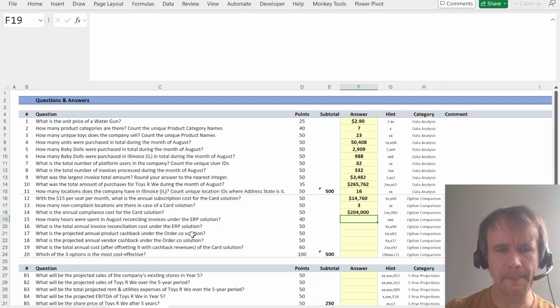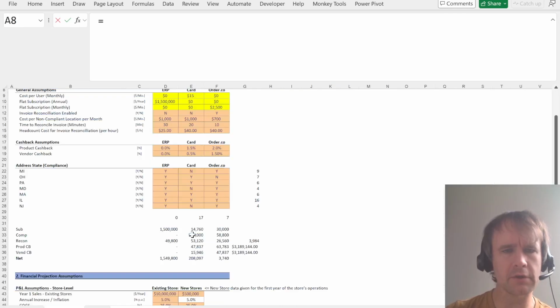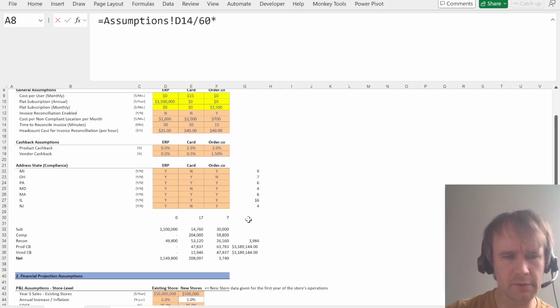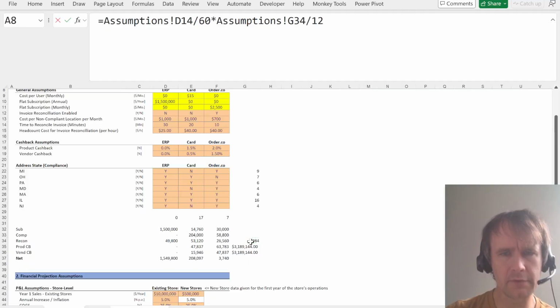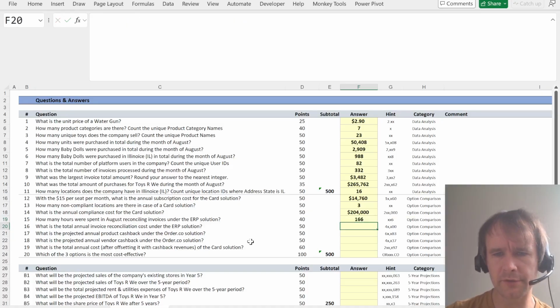Good. Okay, how many hours were spent in August reconciling invoices under the ERP solution? Okay. ERP 30 minutes, so that divided by 60 times the number of invoices, 12th of that. That's it, I think. 166. Yes.